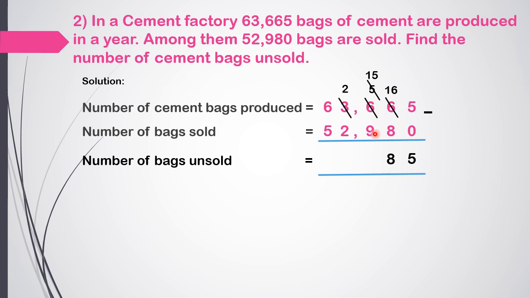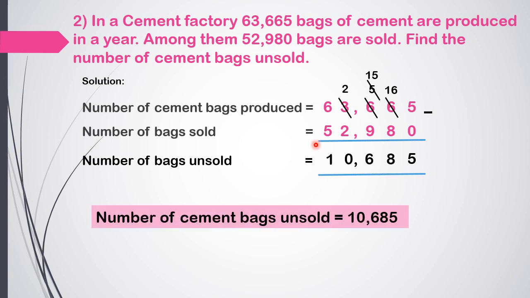After 9: 10, 11, 12, 13, 14, 15. So 6. Now 2 minus 2, 0. Then 6 minus 5, 1. So number of cement bags unsold is equal to 10,685.